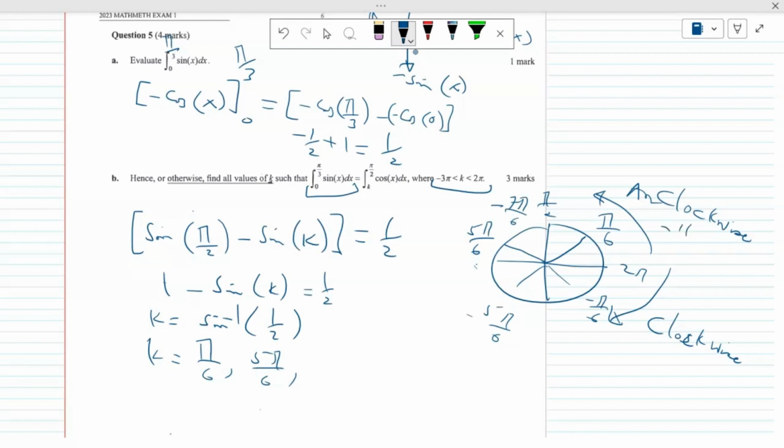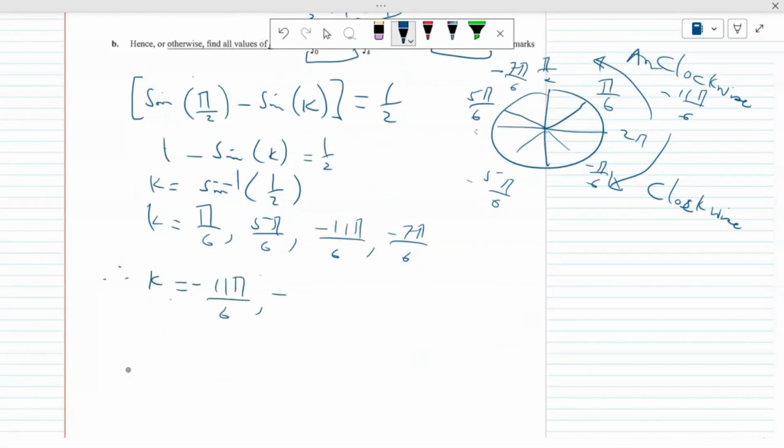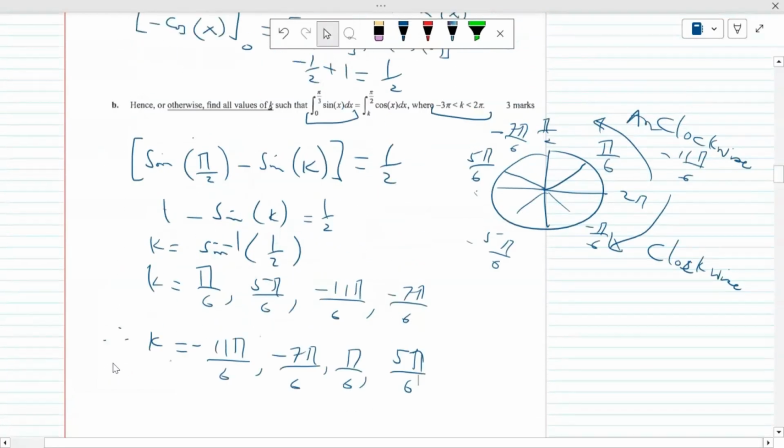So that's going to be 11 pi over 6. So therefore, that's going to be negative 11 pi over 6 and negative 7 pi over 6. So therefore, my k value is going to be negative 11 pi over 6, negative 7 pi over 6, pi on 6, and 5 pi on 6.